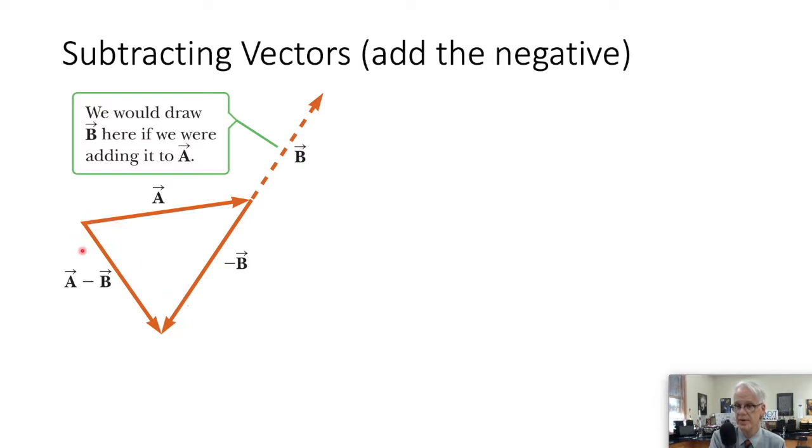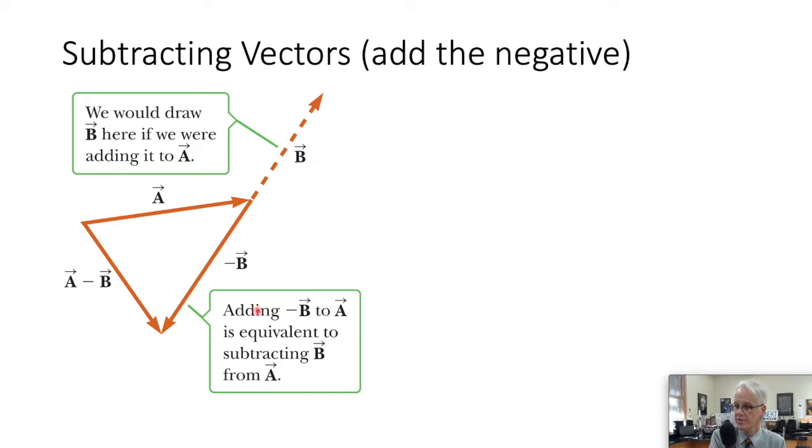So this would be A minus B. So adding negative B to A is equivalent to subtracting B from A. And we can write this mathematically, saying that vector A minus vector B is the same as A plus negative B. This is positive B, this is negative B.